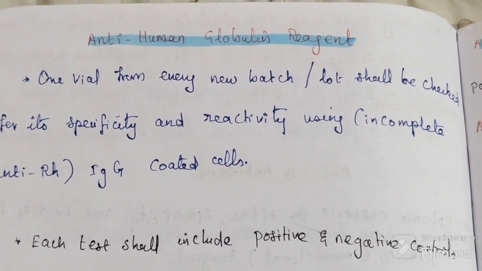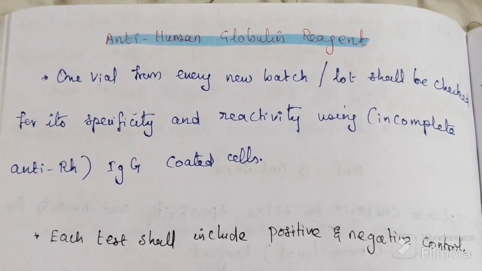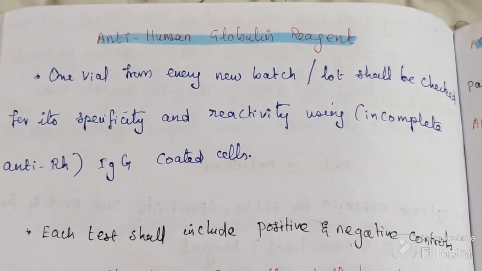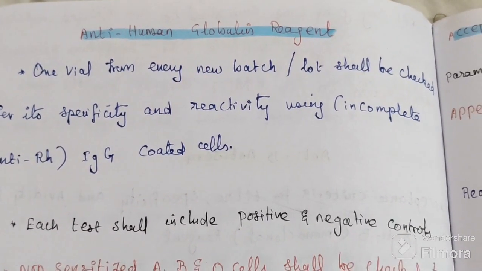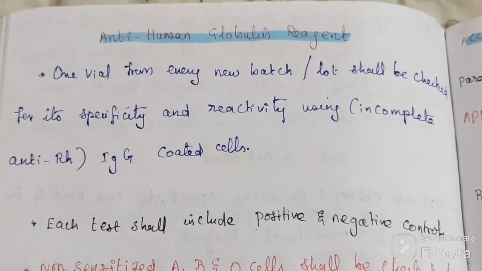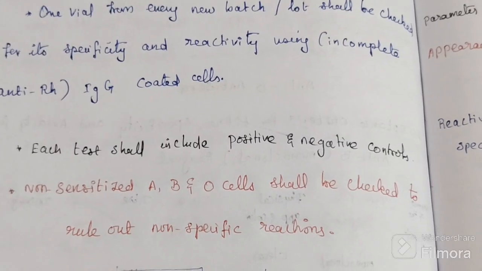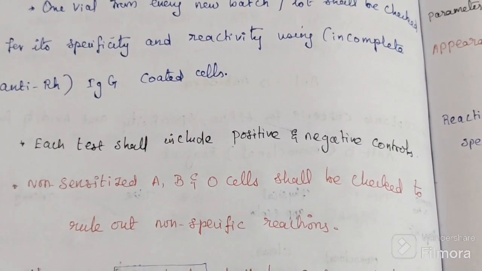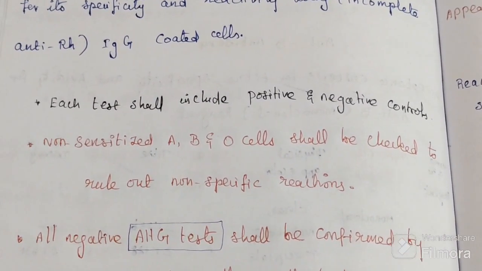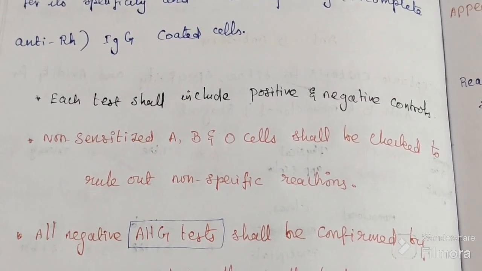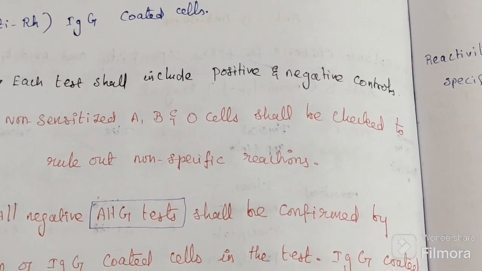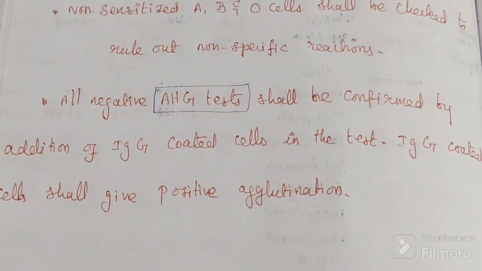Then anti-human globulin reagent: one vial from every new batch is checked for specificity and reactivity using IgG coated cells. Each test should include positive and negative controls. Non-sensitized ABO cells are checked to rule out non-specific reaction.